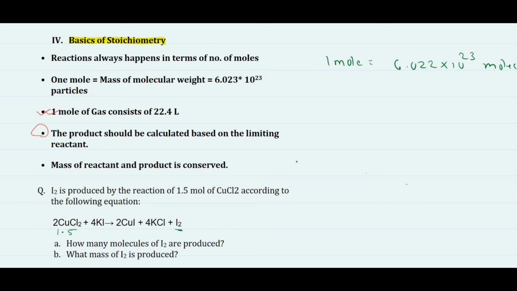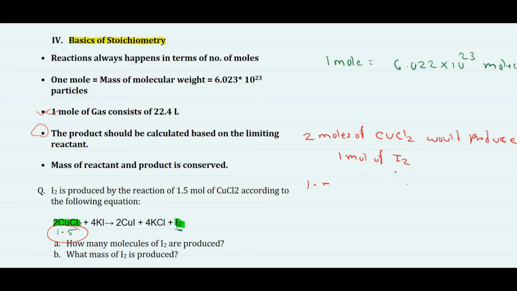From the equation, 2 moles of CuCl2 would produce 1 mole of I2, right? But in our problem, we just have 1.5 moles.